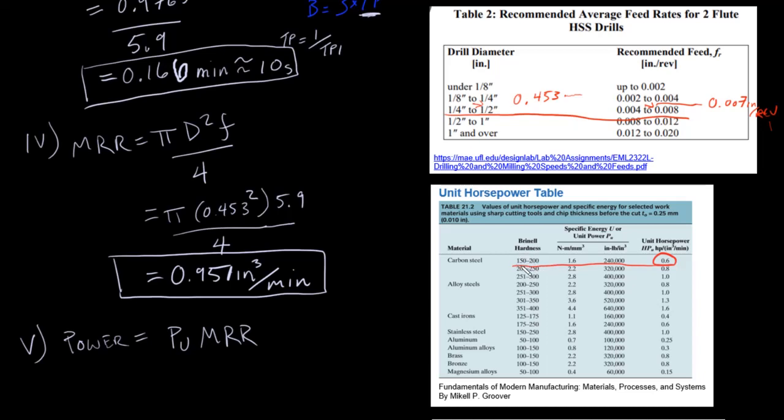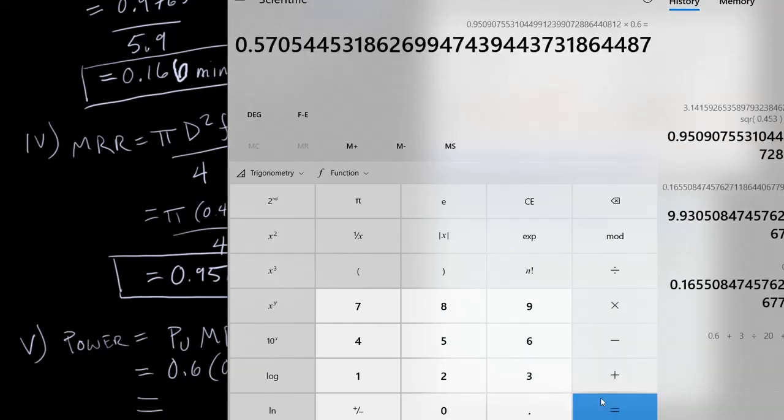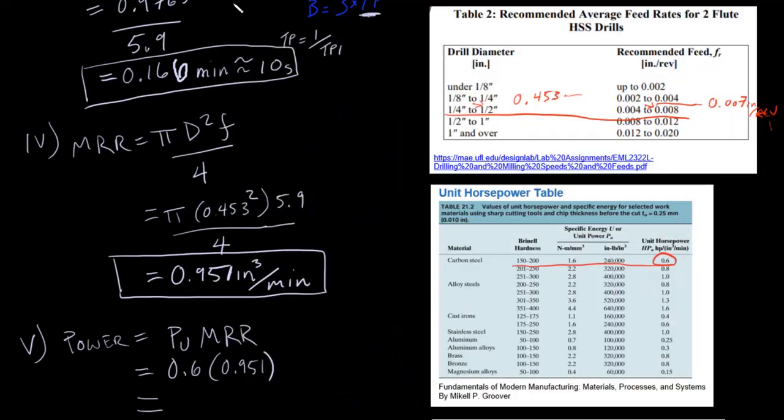This is kind of off the scale here. So we're just going to go with 0.6. So this equals 0.6 times 0.951, and that is equal to 0.57 horsepower.